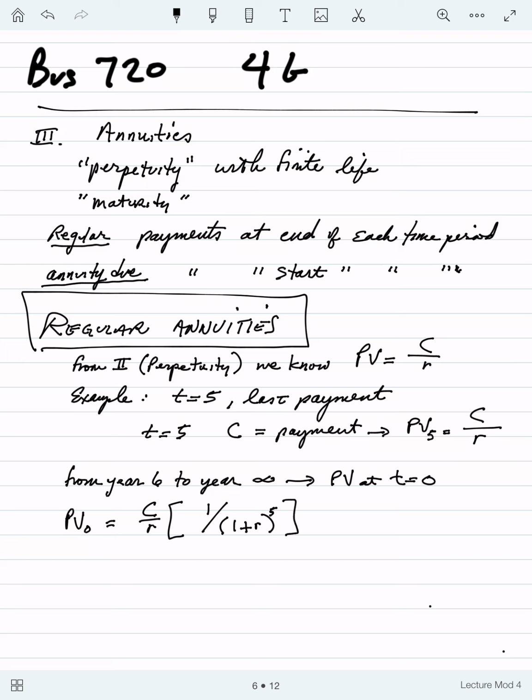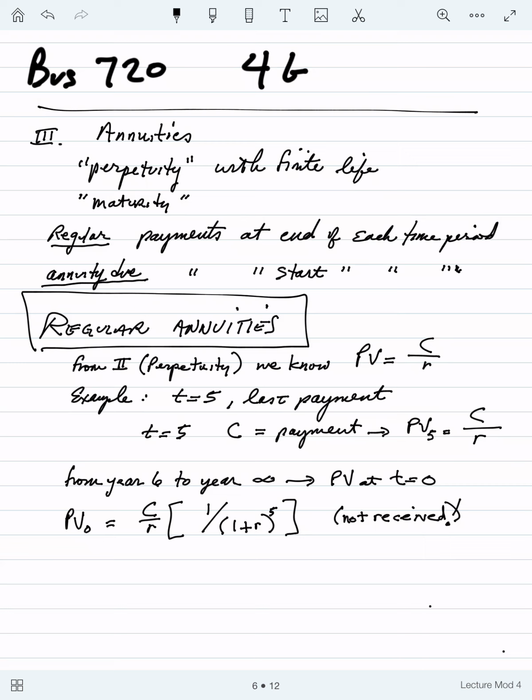So that's the present value of the part of a perpetuity that you would not receive. This is the element beyond the 5th year that could exist but doesn't because of the maturation in the 5-year annuity. That's what's not received.